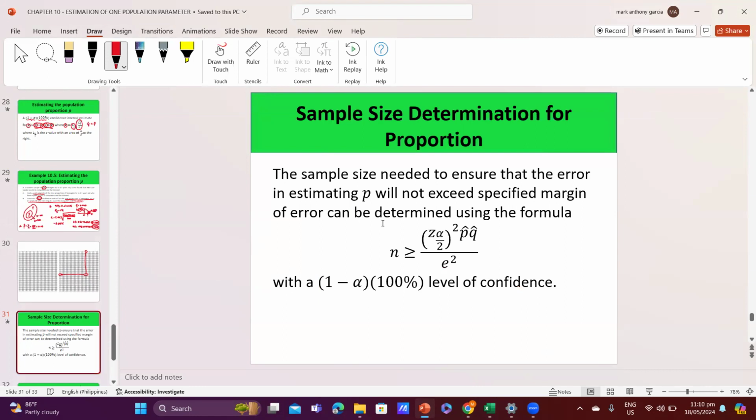So the formula for the sample size determination for the proportion is z sub alpha over 2, quantity squared, times the sample proportion p hat, and times q hat, which is 1 minus p hat, divided by e squared. This e value here is the desired margin of error.